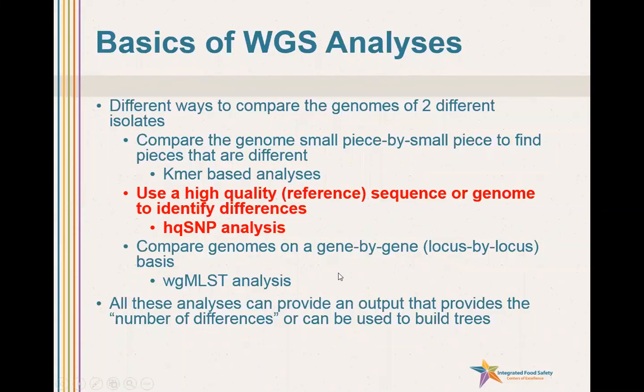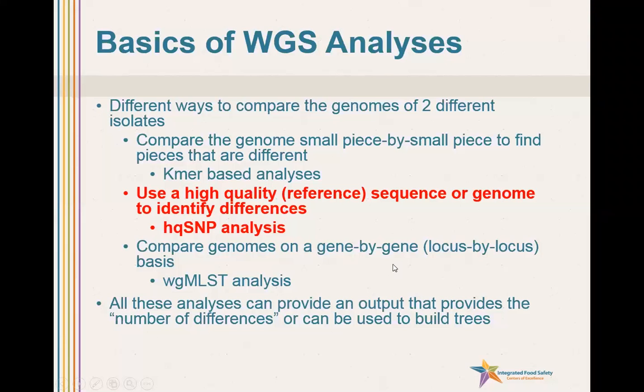Also importantly, both high-quality SNP analysis and whole genome MLST analysis provide data on the number of differences between isolates that can then be used to build so-called trees, which we will show you, that can be used to more visually assess the relationships between isolates.